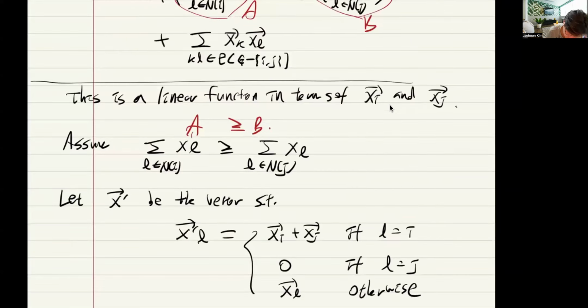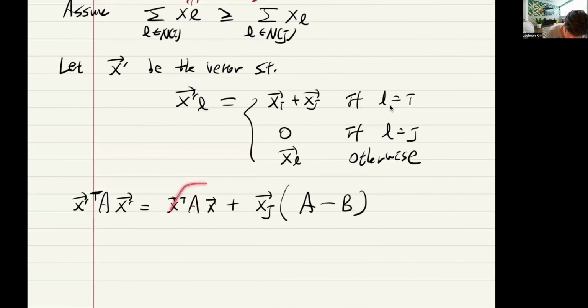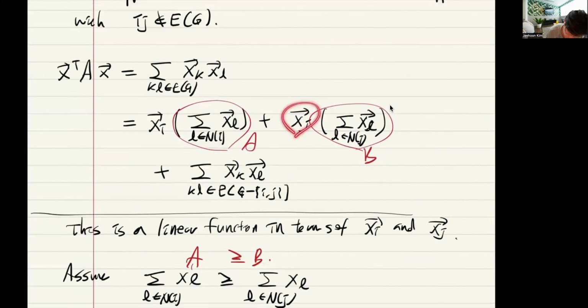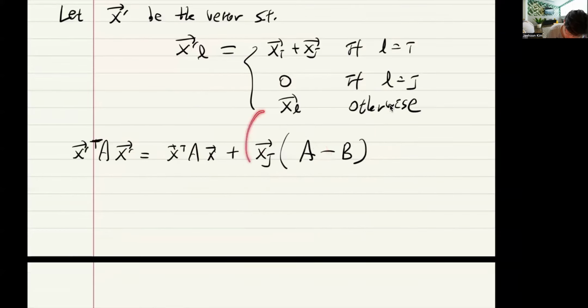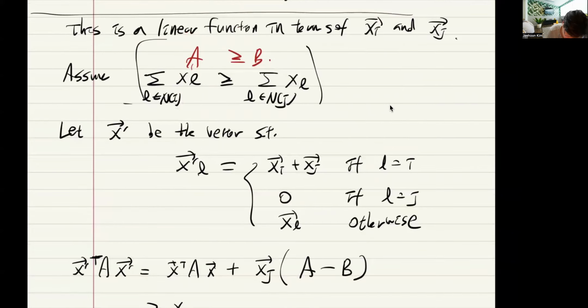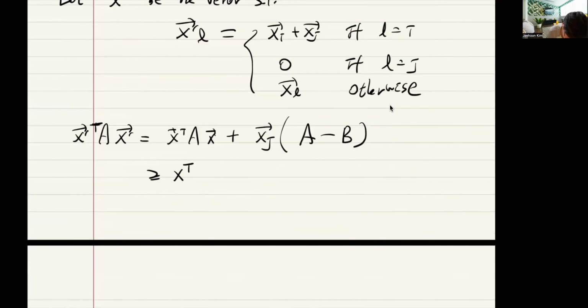I mean, you just write down all the things here. Here this becomes 0, so this much is gone, and then here this becomes this plus xj, so A times this much is increased. This is the increased amount, and this is the decreased amount. And by our assumption, A is bigger than B, so you have this inequality.